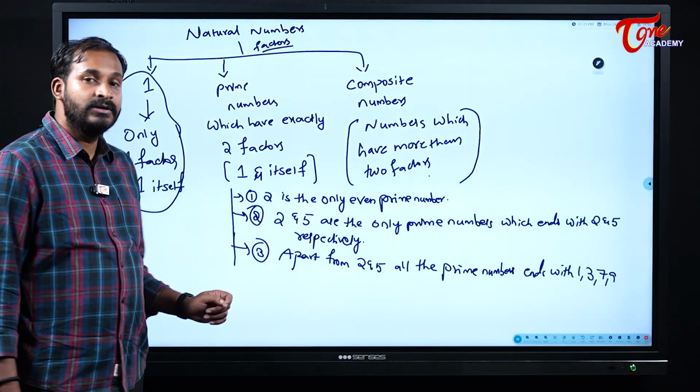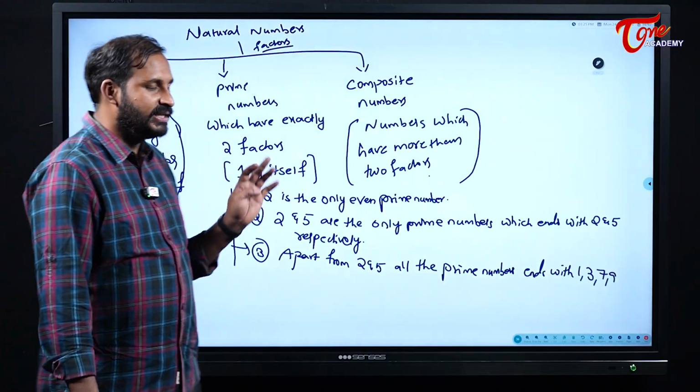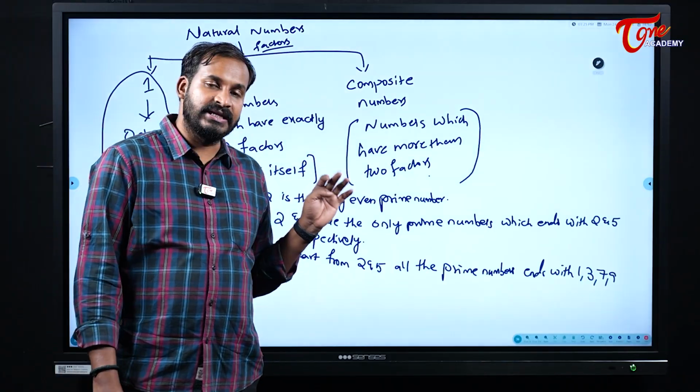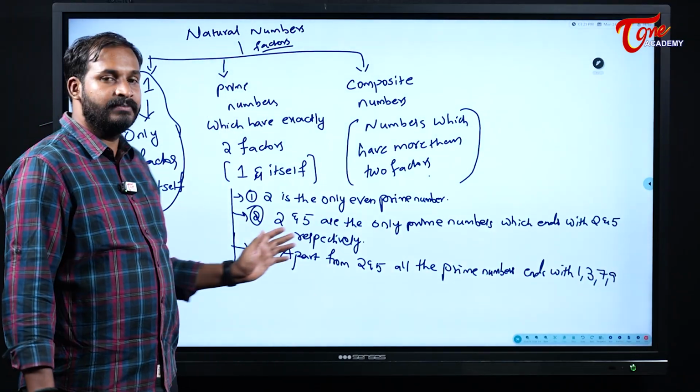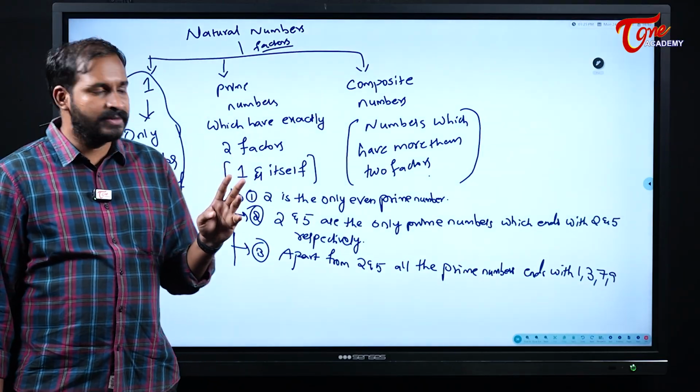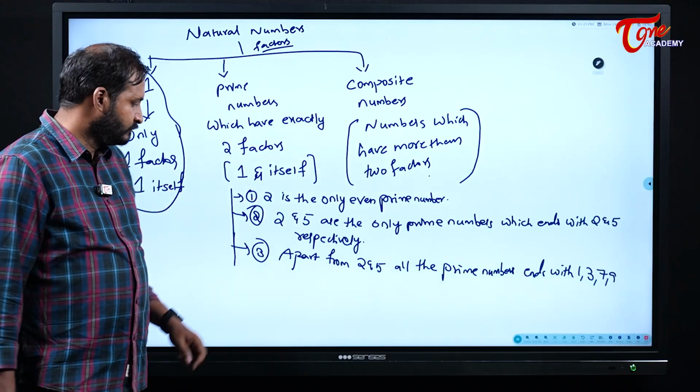Apart from 2 and 5, all the remaining prime numbers will end with 1, 3, 7 or 9, and 2 and 5 are the only two prime numbers which end with 2 and 5.